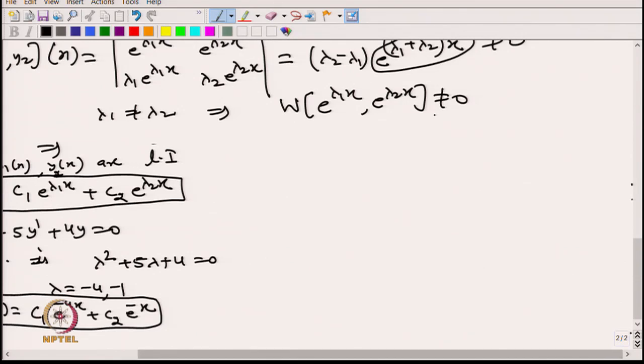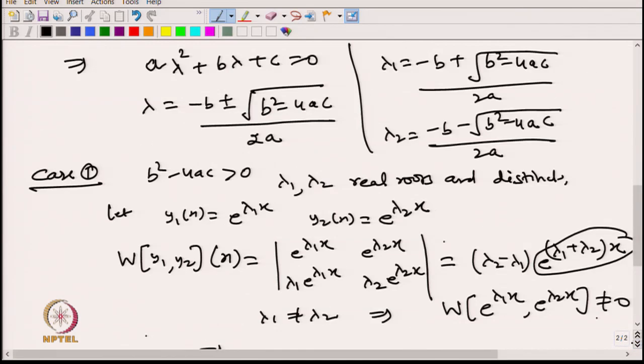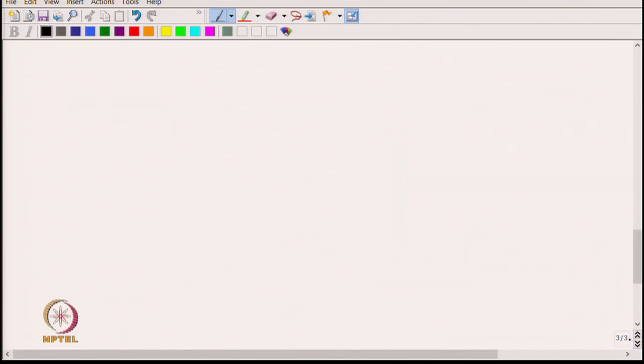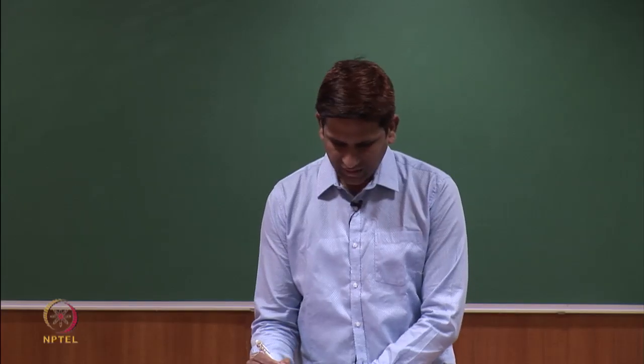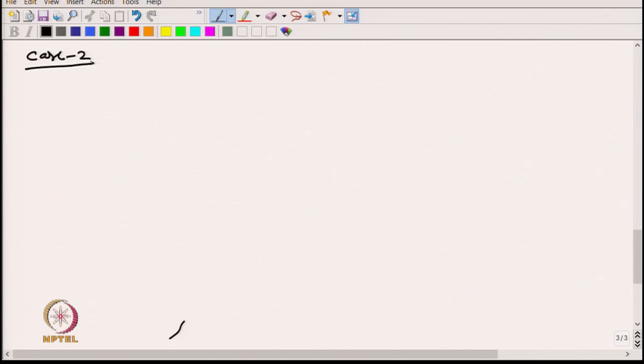Now, I will move a little bit further, and I take case number 2. So, in case 2 I take that b square minus 4ac is negative.